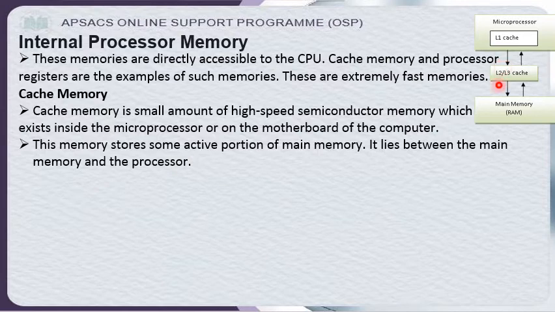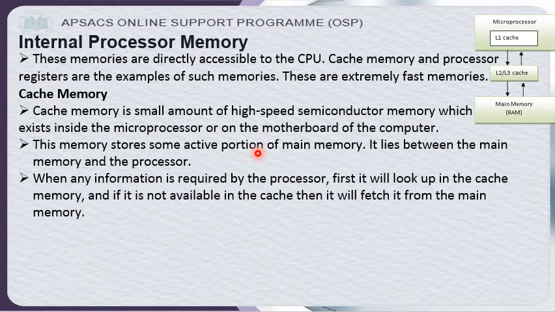So if you see here, these memories are in between the microprocessor and main memory. The main purpose of cache memory is that it stores the active portion of main memory. Remember that. When information is required by the processor, it does not directly access the main memory.